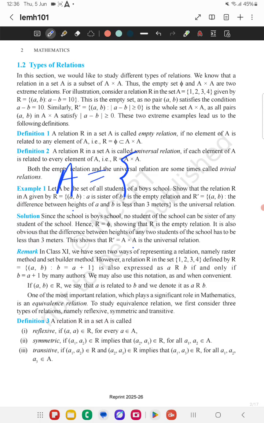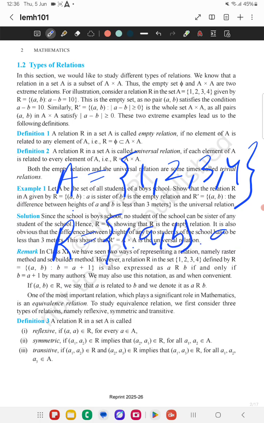A is equal to {1, 2, 3, 4}. Then I am writing how the relation is defined: R = {(a, b) such that a minus b is equal to 10}.